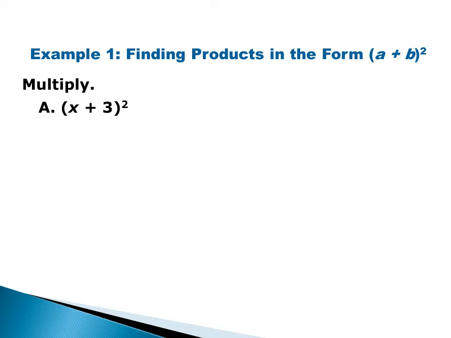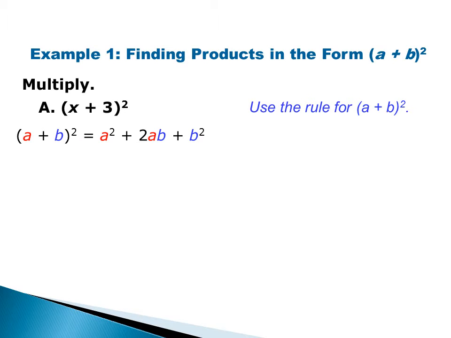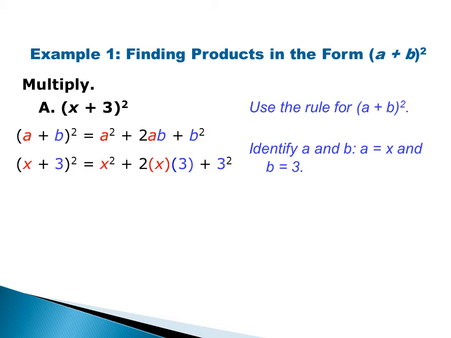Here's one example we're going to do. The first example, okay? x plus 3, squared. Now remember, the first one we did was a plus b. Instead of a we have x, instead of b we have 3. If we use the same rule, remember what's going to happen. We're going to multiply a times a. Watch this now. a times a is a squared.